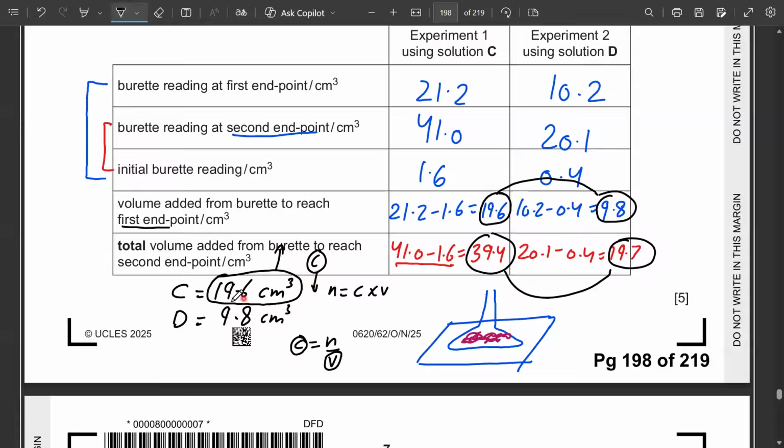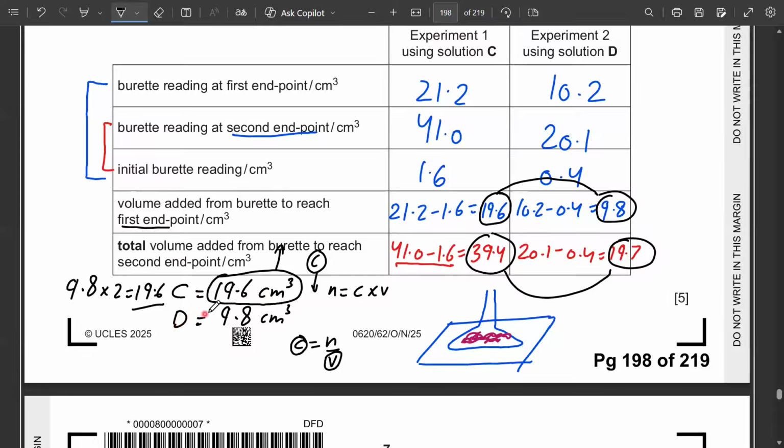Now, compare how much is the difference between these two. If you simply do the calculation, 9.8 times 2 is equal to 19.6. So this is exactly 2 times the volume. So C solution was used twice as much as the volume of D solution.